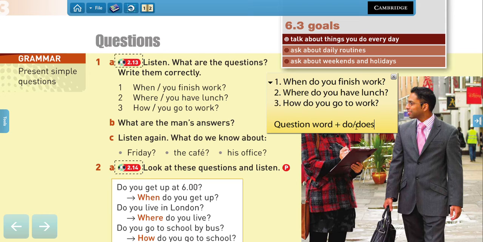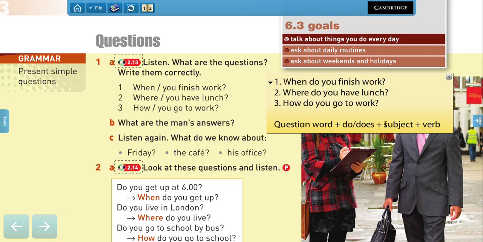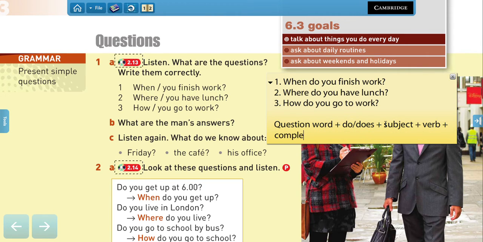In this case, we use the auxiliary do because we're talking about you, the subject you. But if we are talking about the subject she, we're going to use does. And then we have the subject, a verb in infinitive, and then the rest of the sentence, what we call the complement.